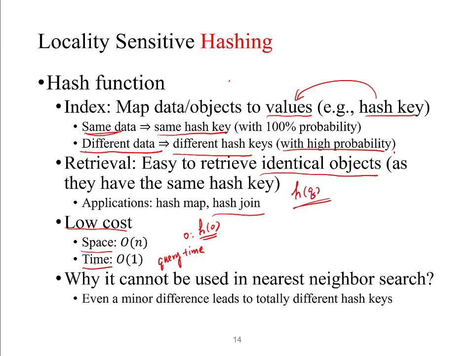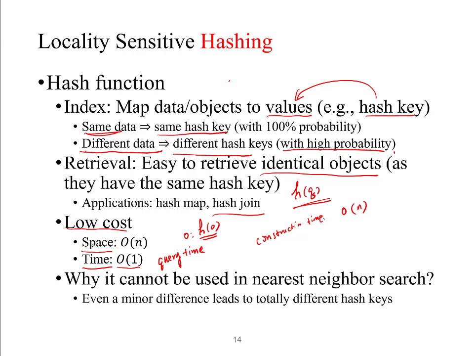So the time cost of a hash algorithm is usually O(1). It's constant time. And the construction time of a hash algorithm would be big O of n, just like the space cost.